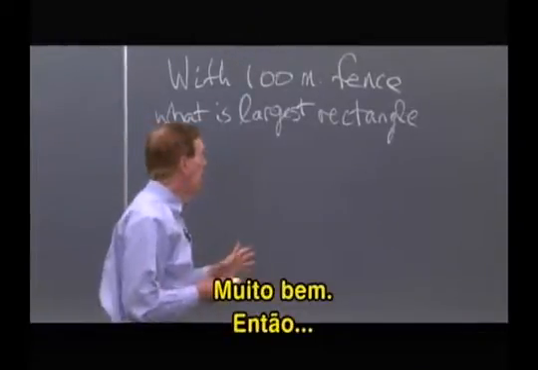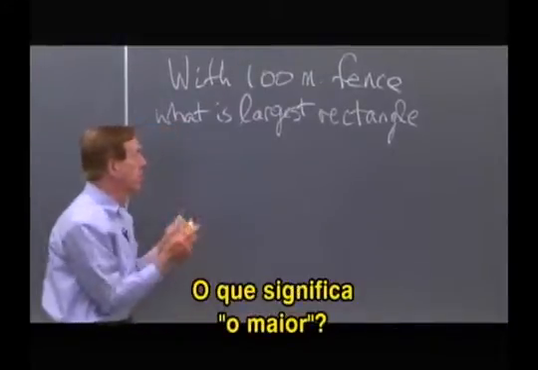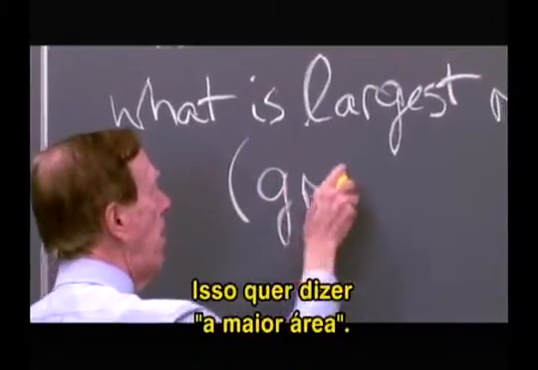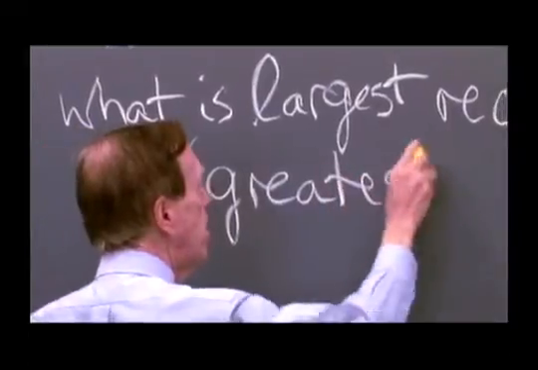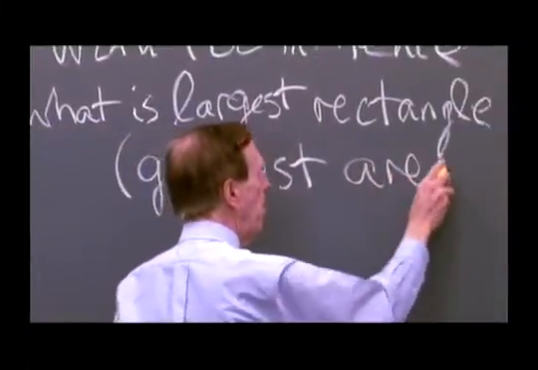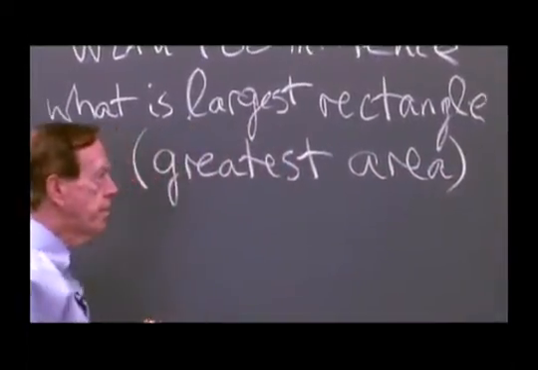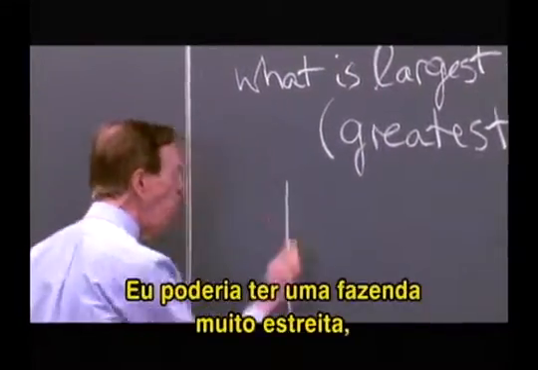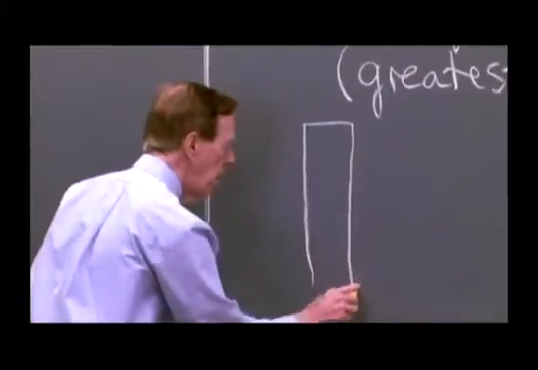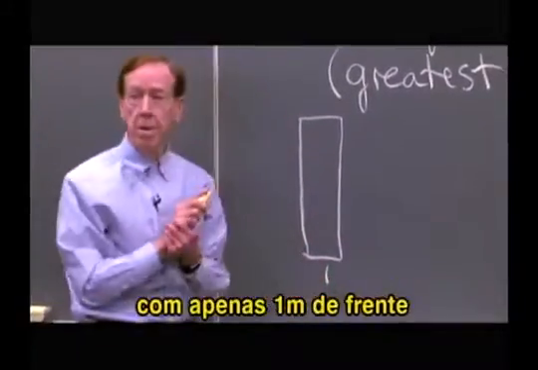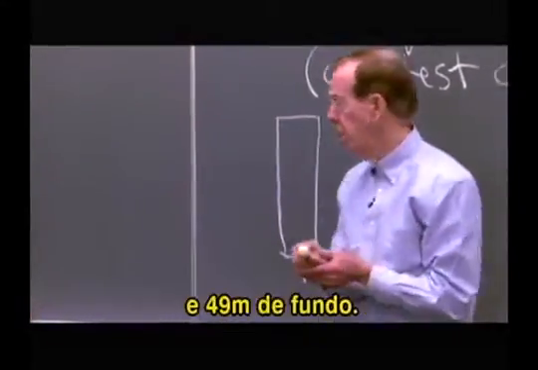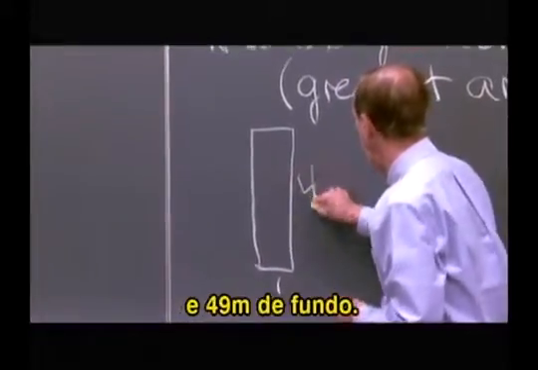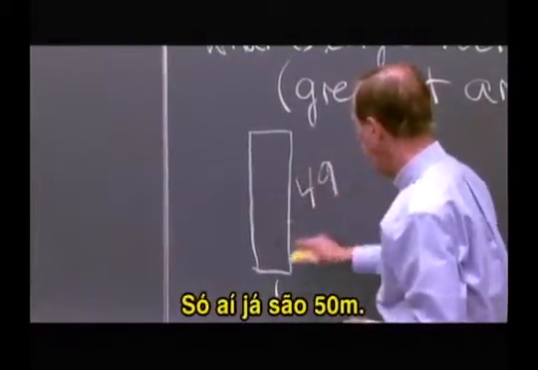Okay, so what do I mean by largest? I mean the greatest area. So let me do some examples. Here's an example. I could have a long, narrow region, say only 1 meter across, 49 up, then that uses 50.